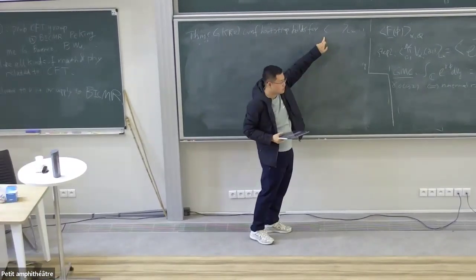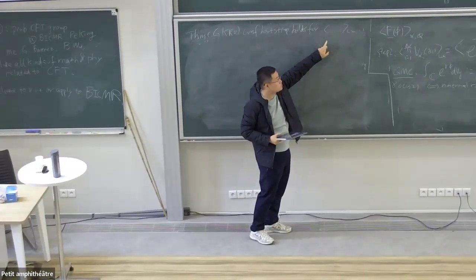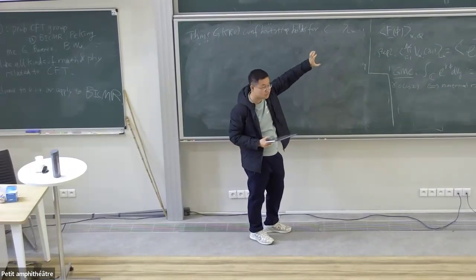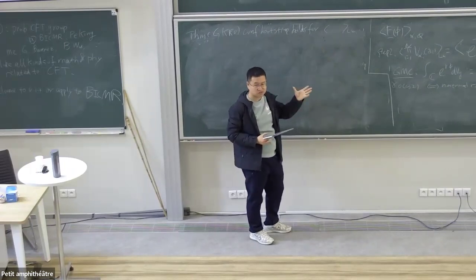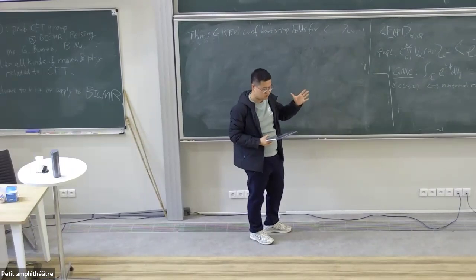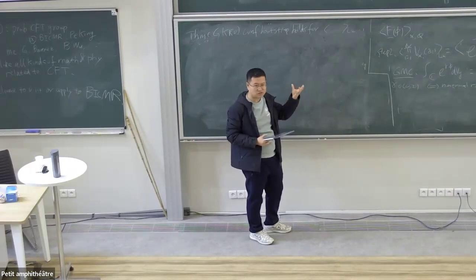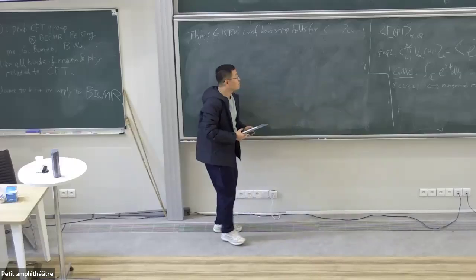Again, this is an identity. On the left-hand side, it's just the probabilistically defined correlation functions. On the right-hand side, it is the integral of the conformal block squared, integrated over this measure defined using the spectrum.